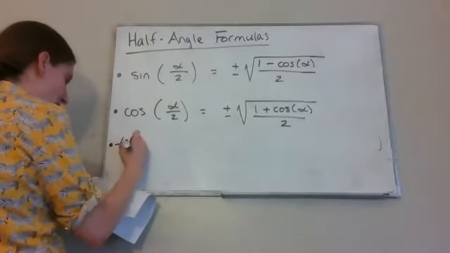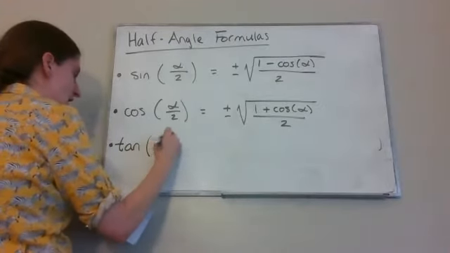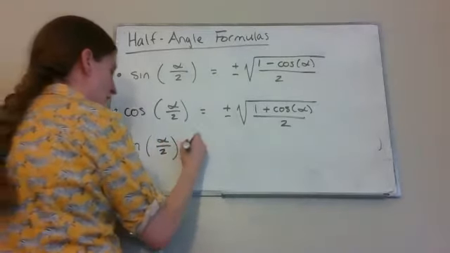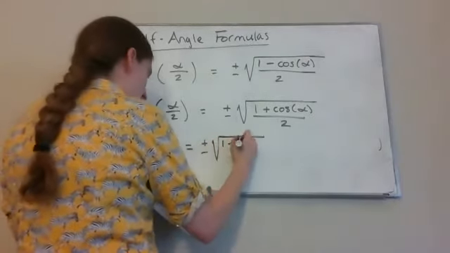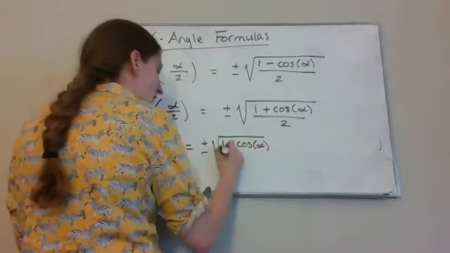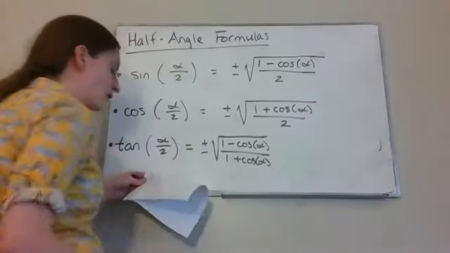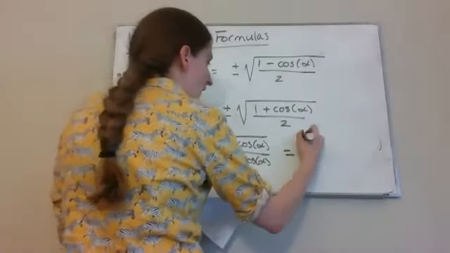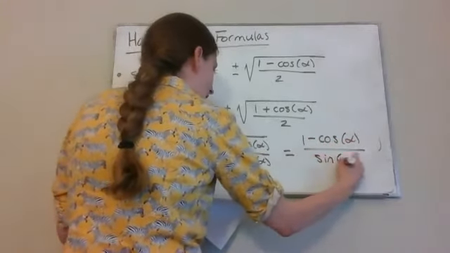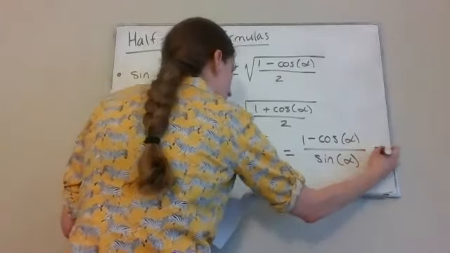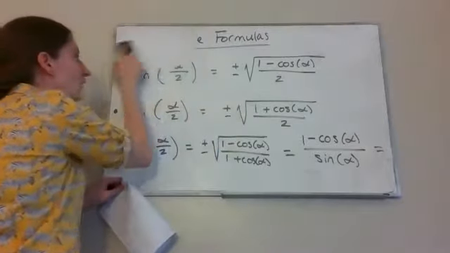And then the last formula is the most complicated because there's multiple ways to write it. Tangent of alpha over 2 is equal to plus or minus a square root of 1 minus cosine of alpha over 1 plus cosine of alpha. But equivalent ways of writing this are 1 minus cosine of alpha over sine of alpha, or sine of alpha over 1 plus cosine of alpha.